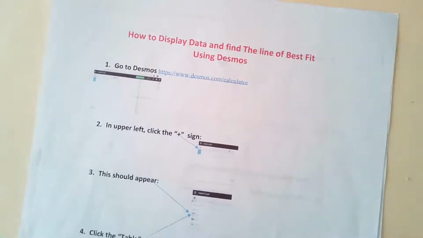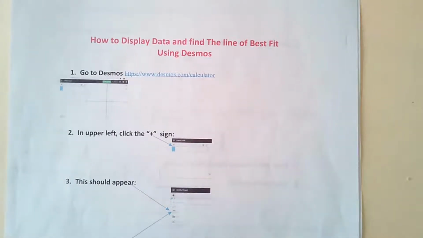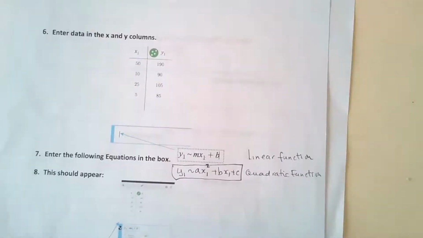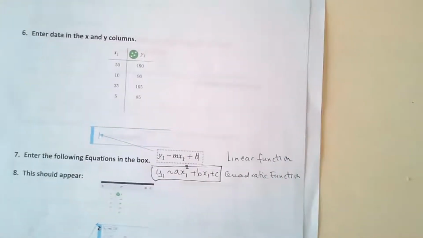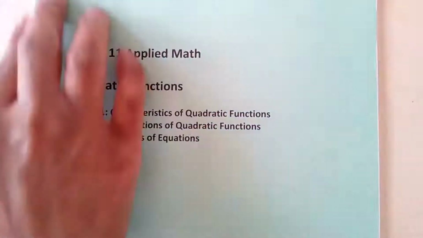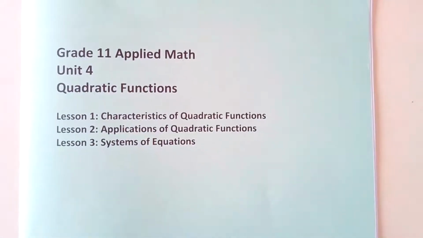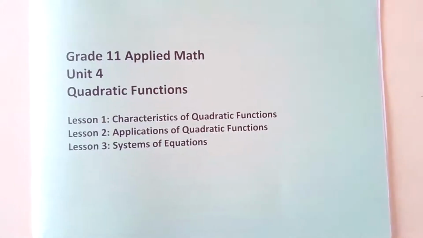I'm going to add one more formula to this Desmos here, and we'll talk about that when we get to the quadratic function. Okay. So these are the things you need. Along with it, you'll need your quadratic function unit 4 booklet.